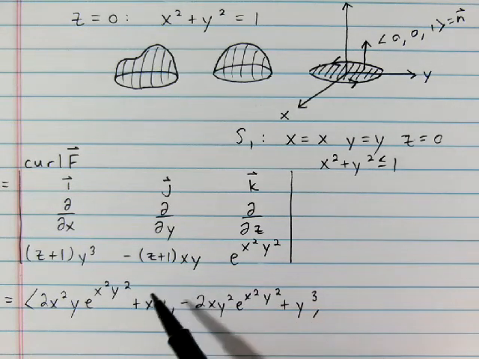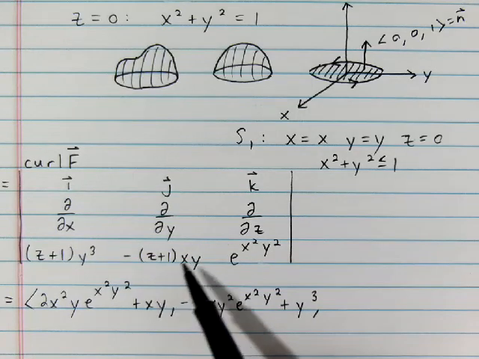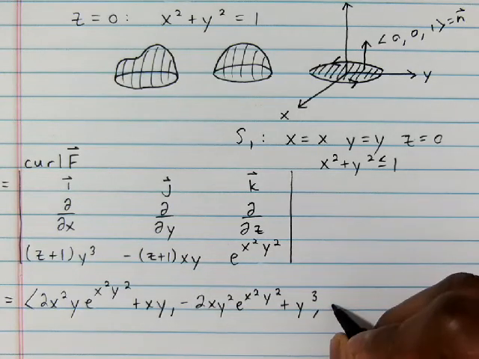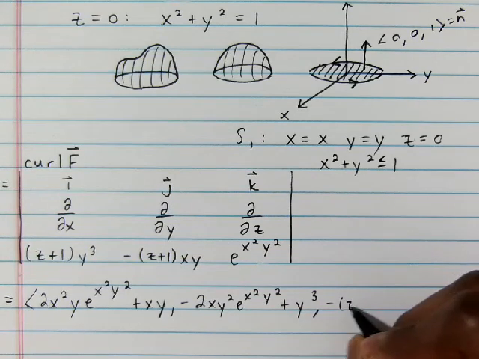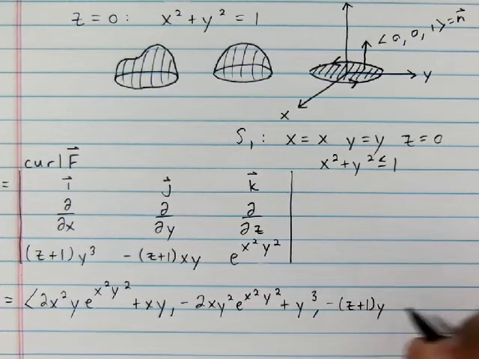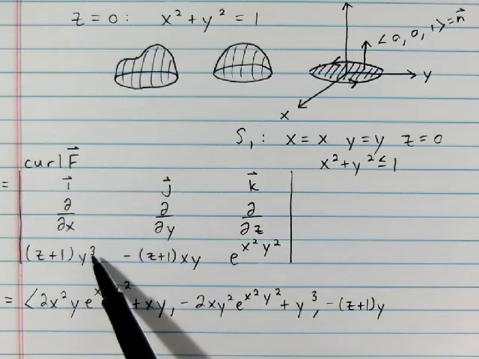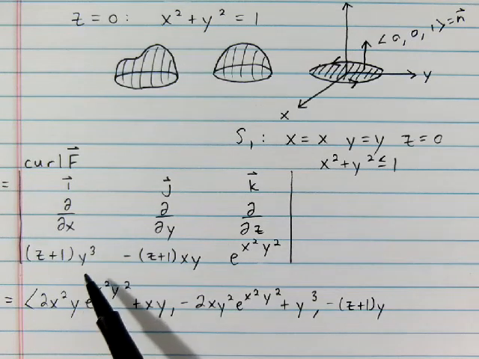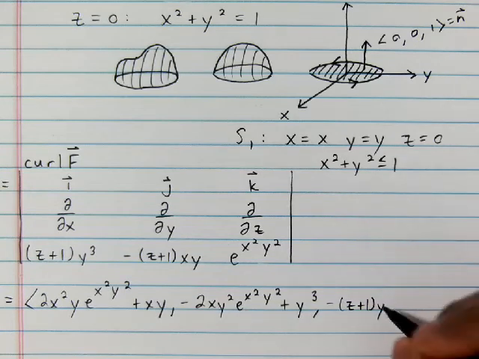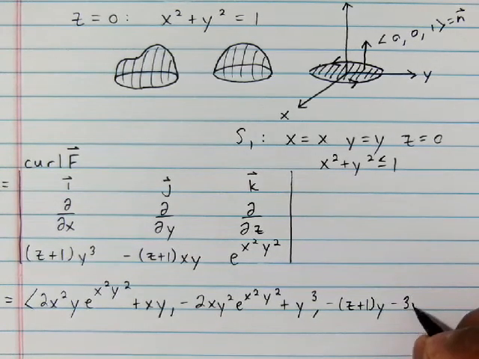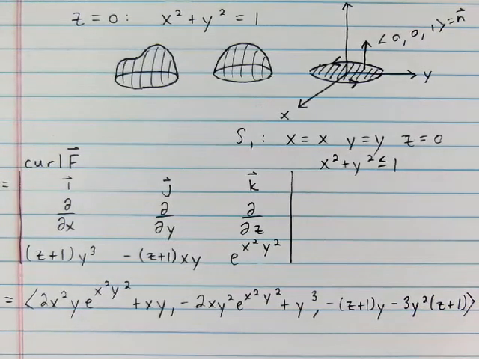I don't need to distribute, so let's just leave it like that: negative quantity z plus 1 times y, and then minus the partial of this with respect to y, which is going to be 3 times the quantity z plus 1 times y squared. So minus 3y squared times the quantity z plus 1. All right, so there's our curl.